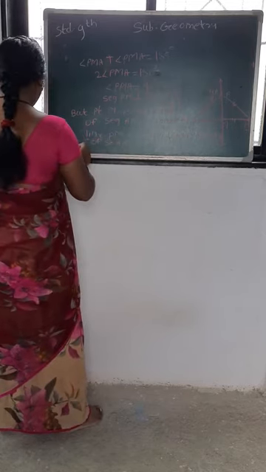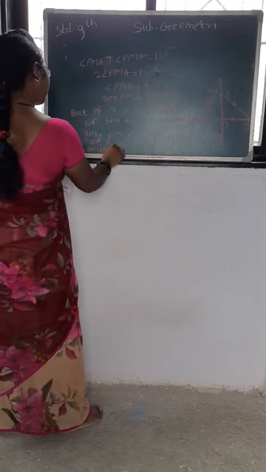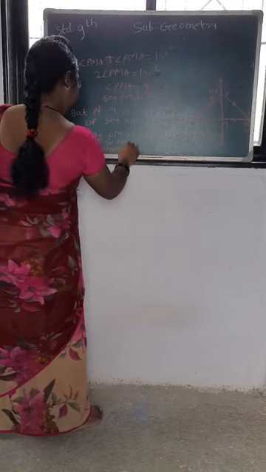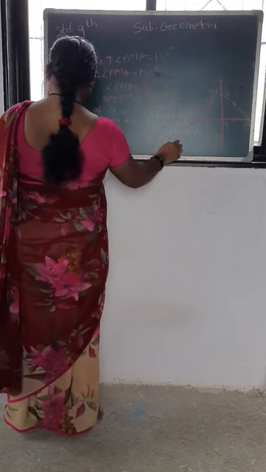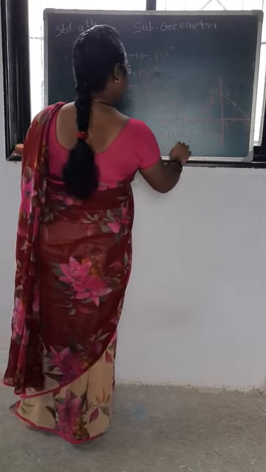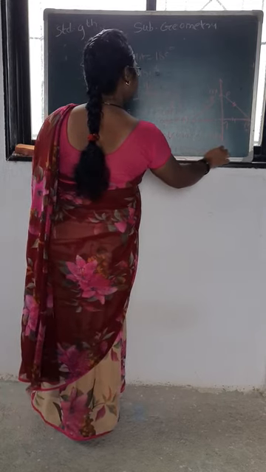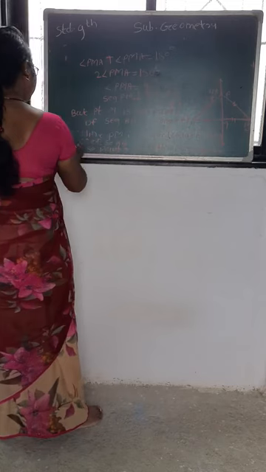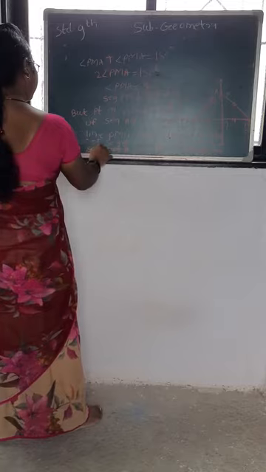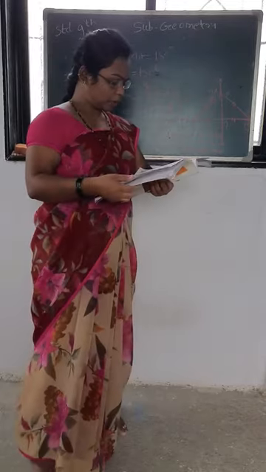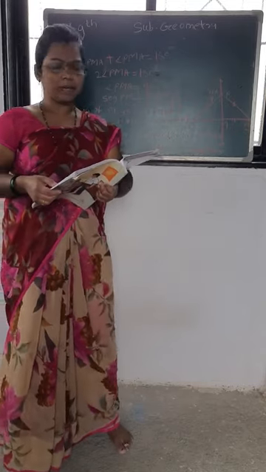So point P is on the perpendicular bisector of AB. This is the proof of the theorem, part second.